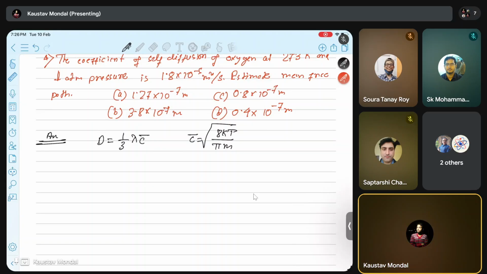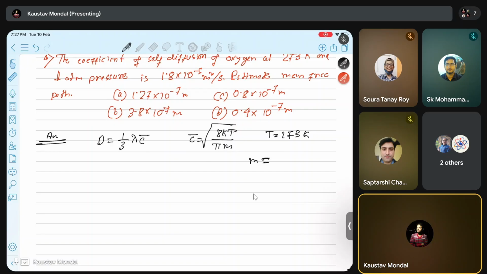So first you need to calculate the expression of c bar. k is given, T is 273 Kelvin, and mass here means the mass of each oxygen molecule.